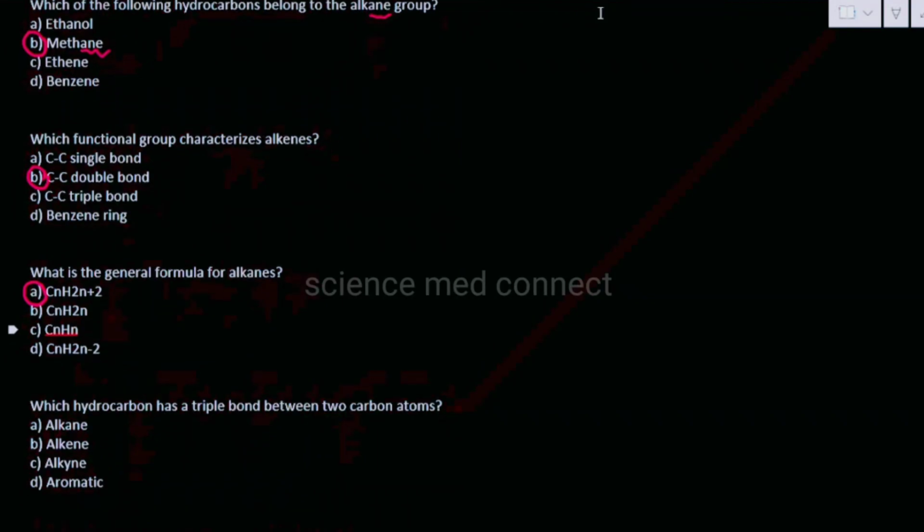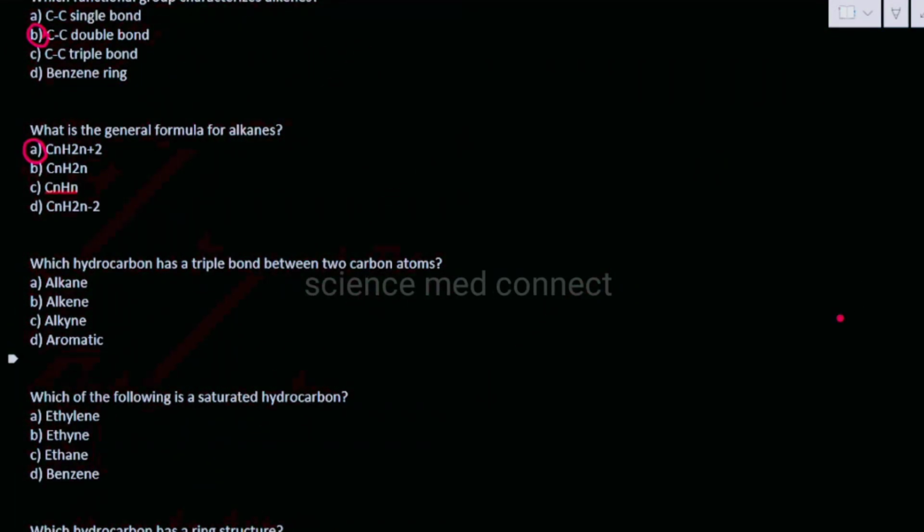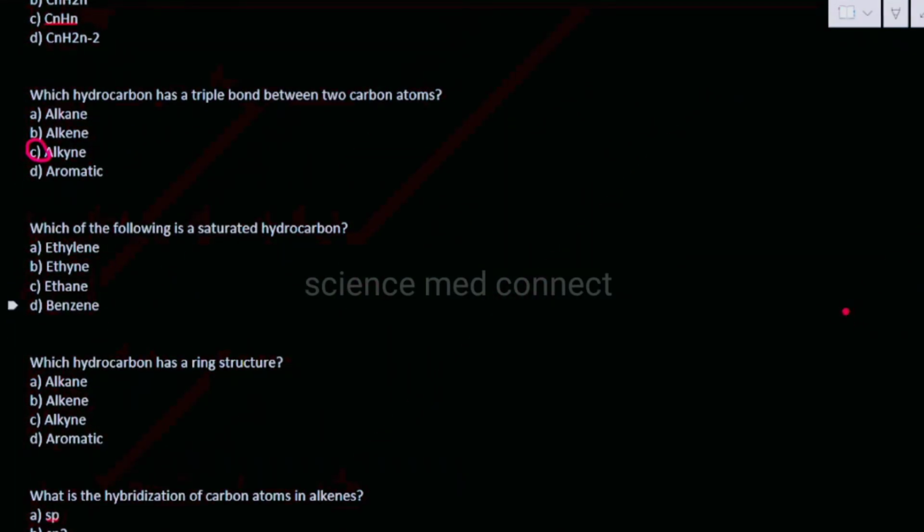Okay, let's move on to the next question. Which hydrocarbon has a triple bond between 2 carbon atoms? We know it's alkyne.